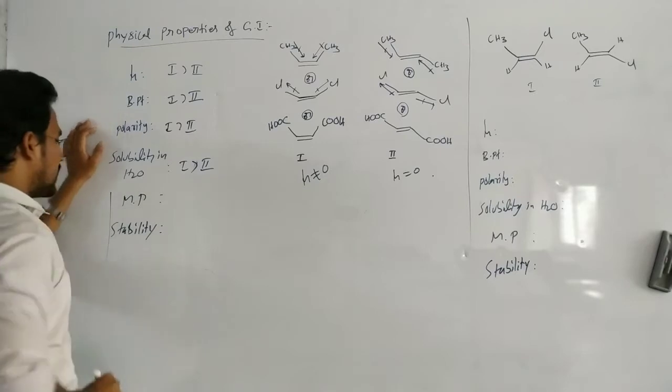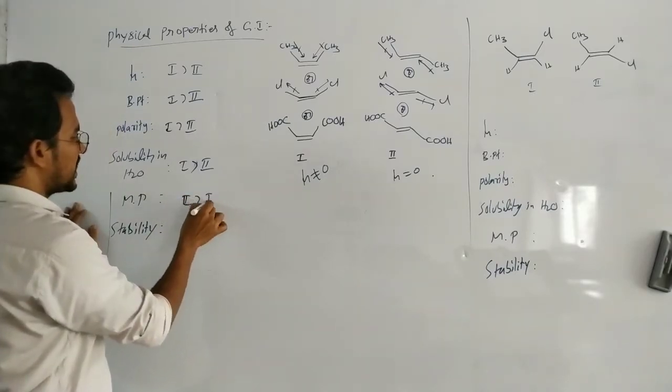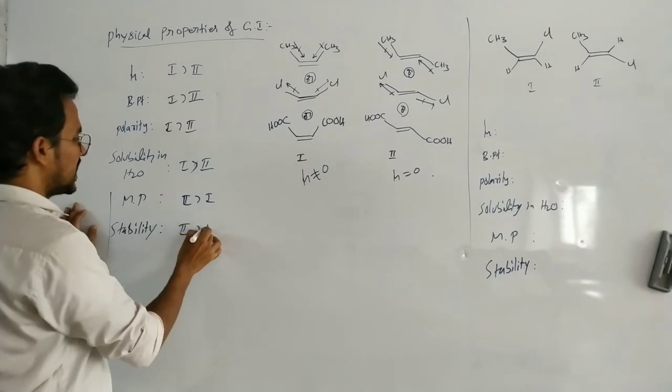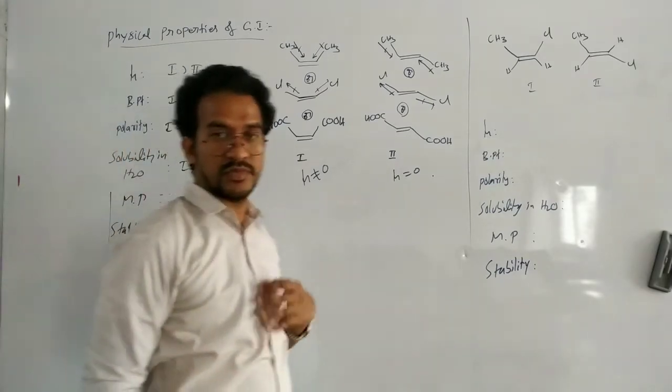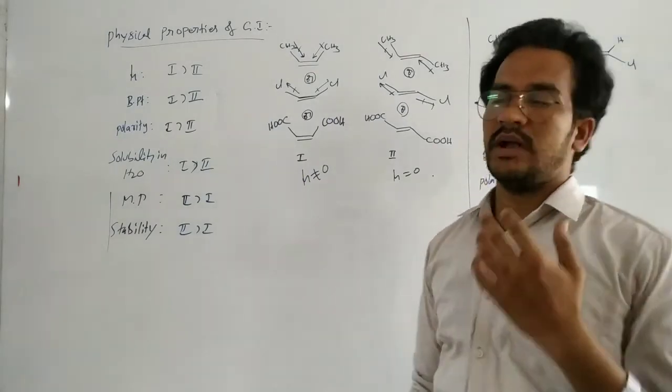Next, coming to the melting point and stability, the second one has a higher melting point and a higher stability, always. But why does the trans isomer have a higher melting point?